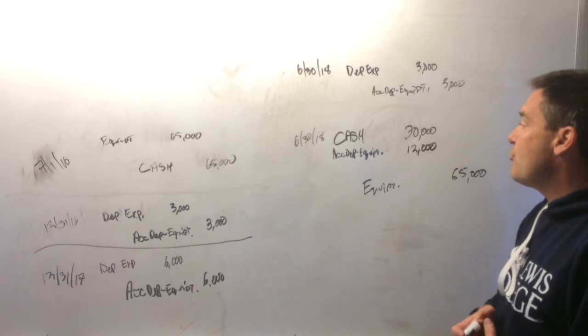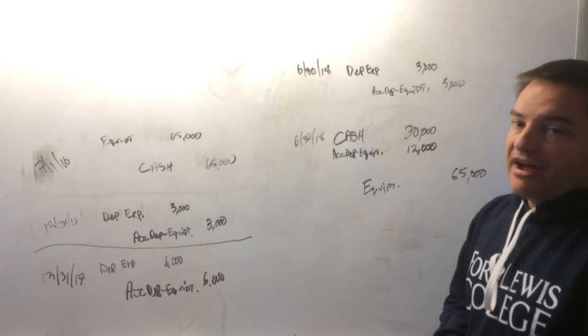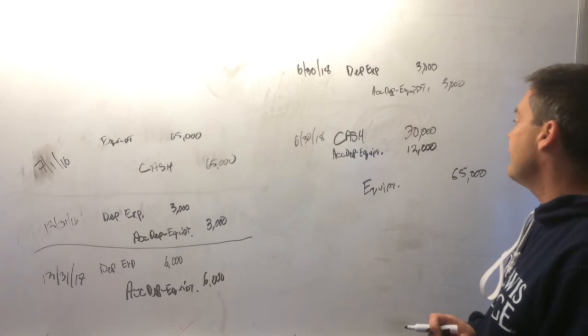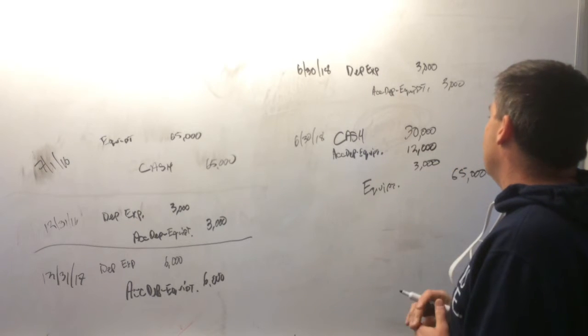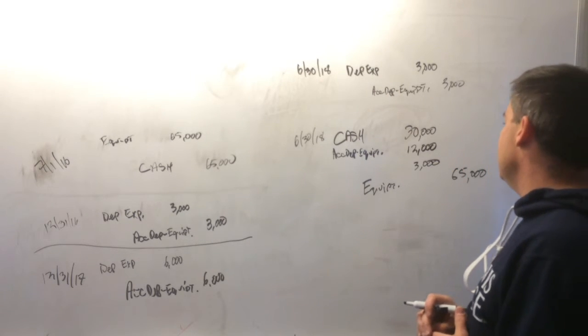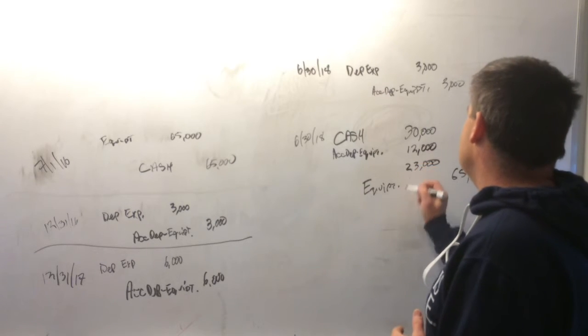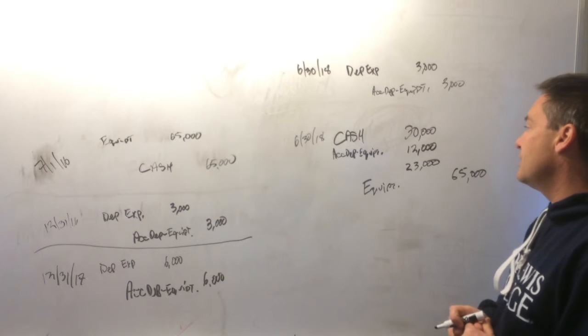We now would have $42,000 worth of debits and $65,000 worth of credits. So therefore, you need another $23,000 worth of debits to make this work.